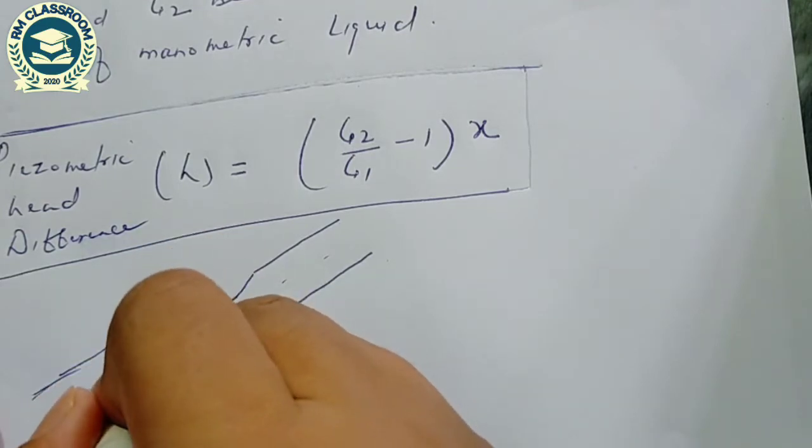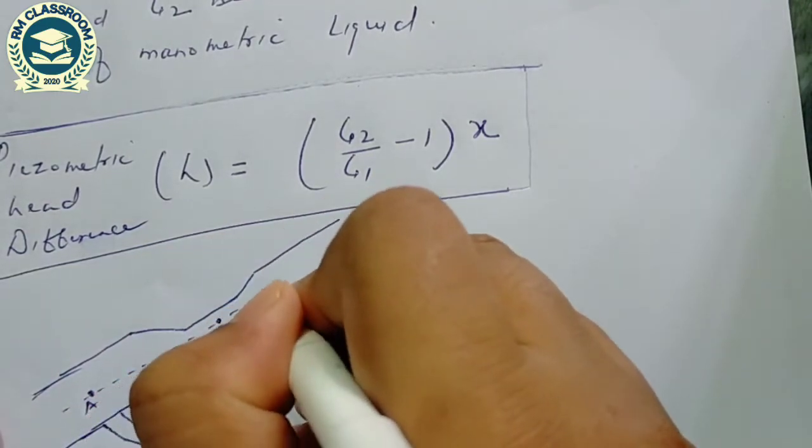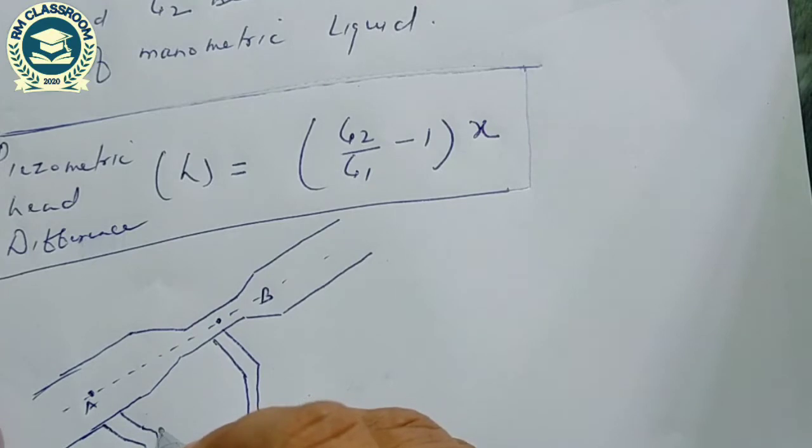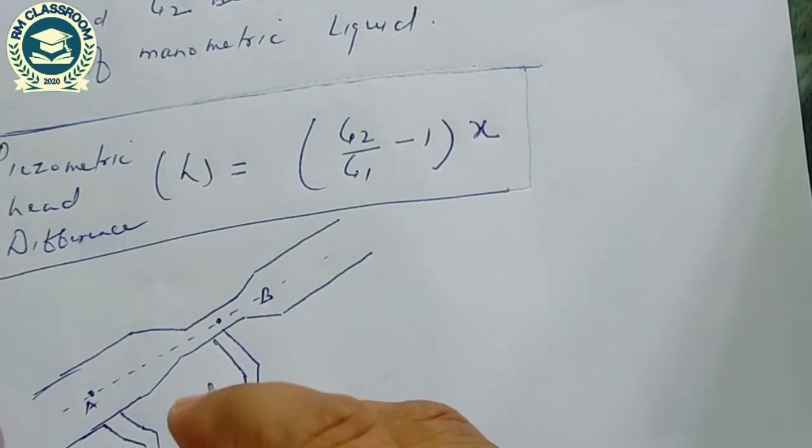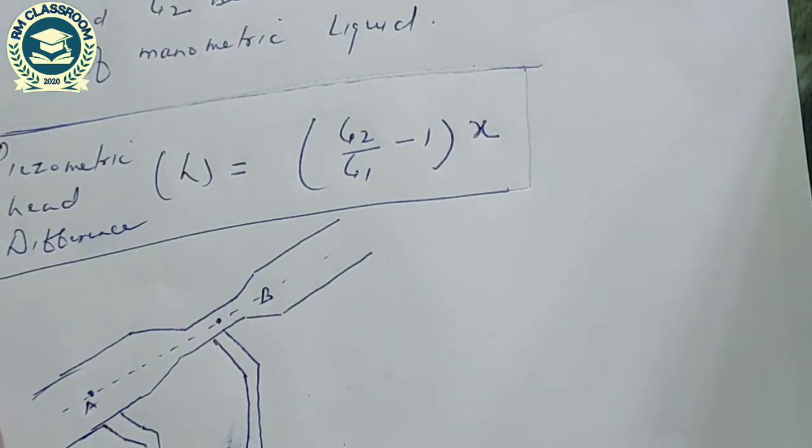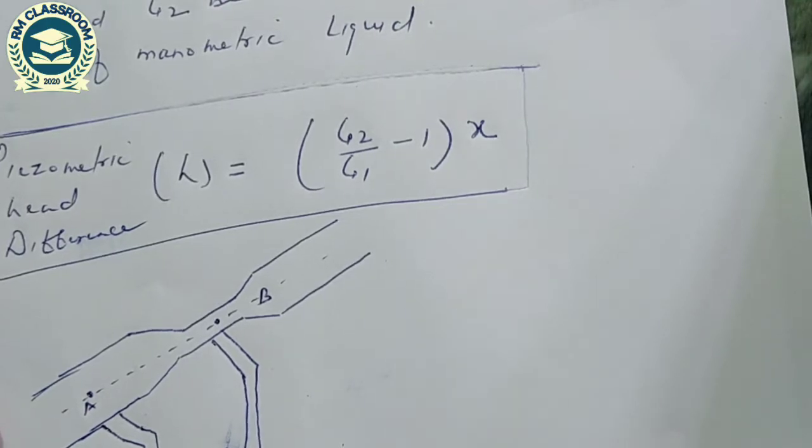Let us assume this point is A, this point is B, and this is our datum.